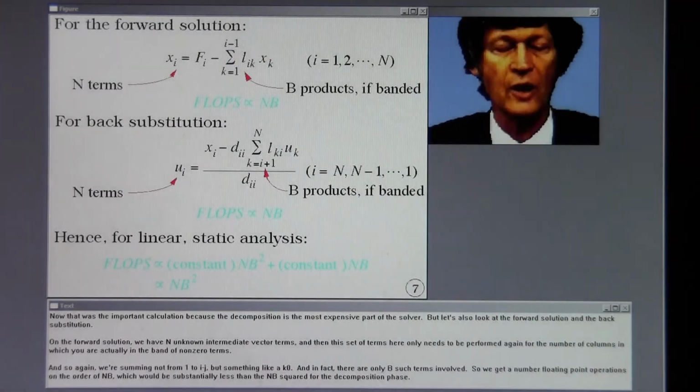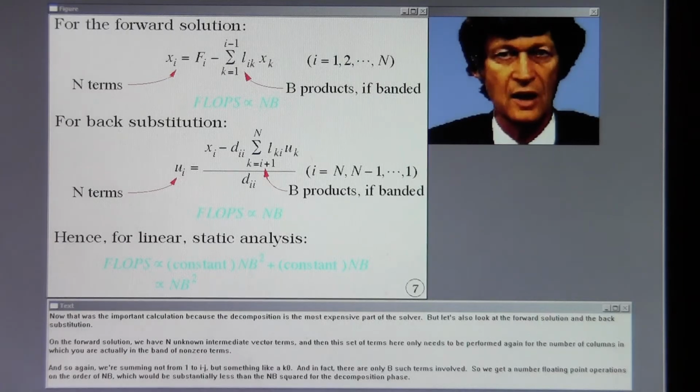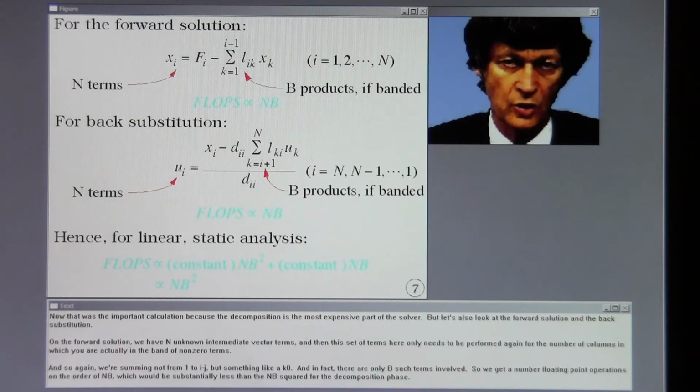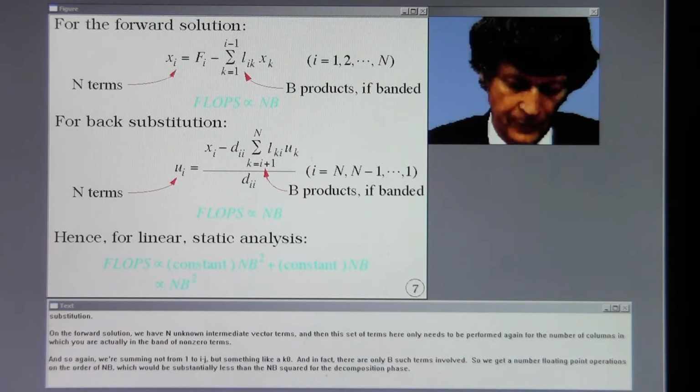Now, that was the important calculation because the decomposition is the most expensive part of the solver. But let's also look at the forward solution and the back substitution.